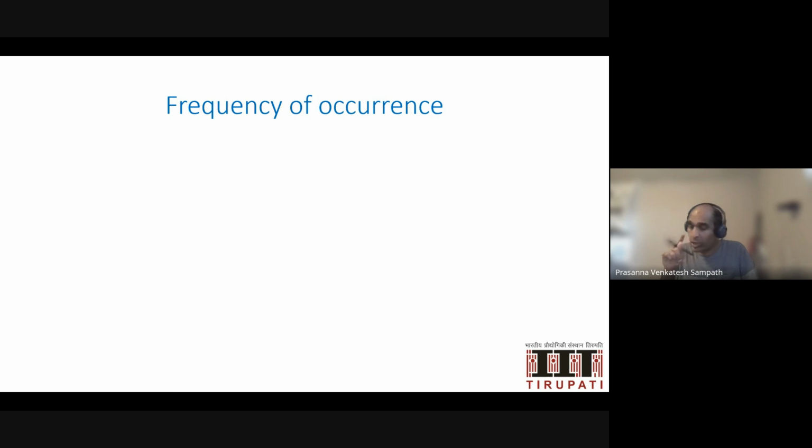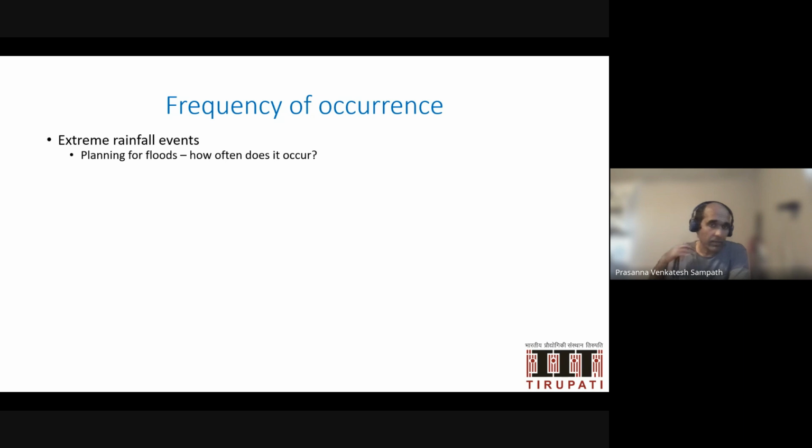Because depending on how often it happens, I'll have to plan for it. I can't just say, oh, we'll see what if it happens, it happens. What can I do? No, you have to know how often it happens so that you can take some steps to address whatever problems may arise because of that, right? So we need to know how often this kind of extreme event will happen so that you can plan for the floods, right? Otherwise, it becomes impossible to plan.